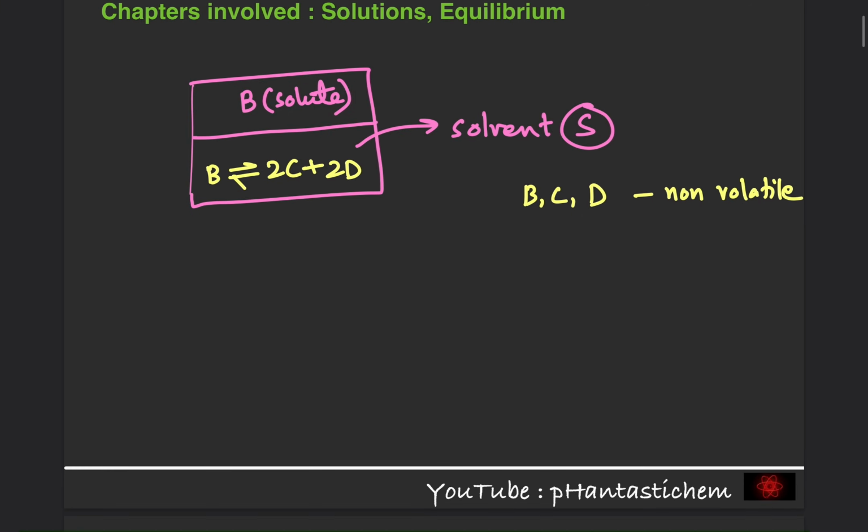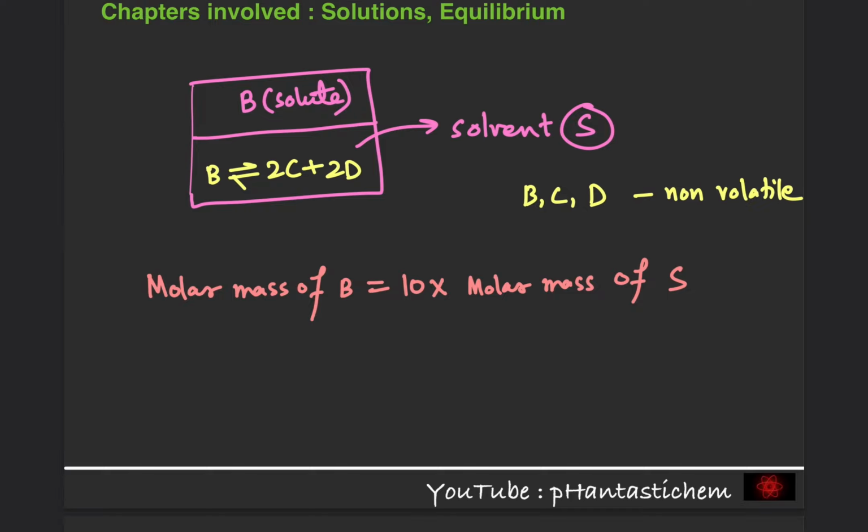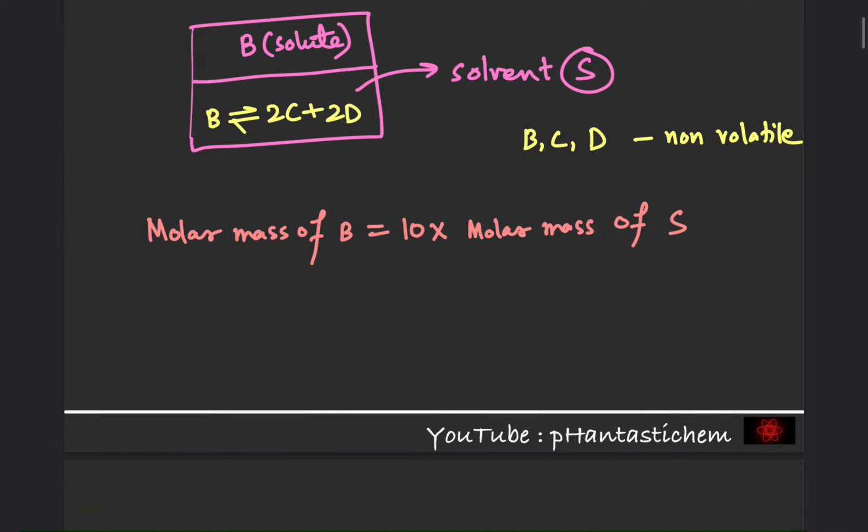And it is also given that the molar mass of B is 10 times, that is 10 into the molar mass of S. So I can also write M of solute is equal to 10 times M of solvent.